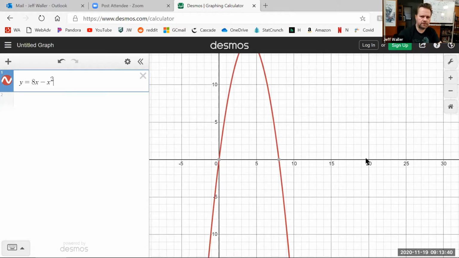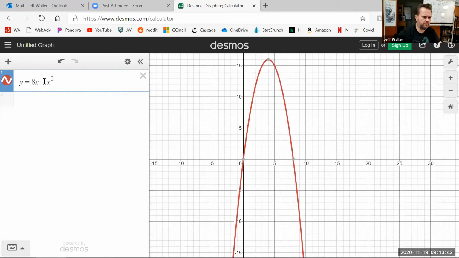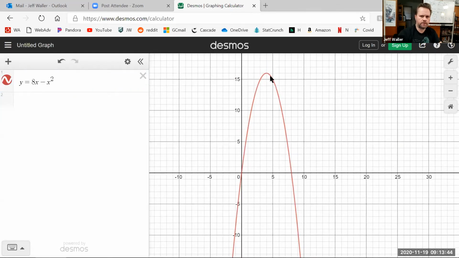And it's opening down just like we predicted, because there's a negative in front of the x squared. There's the vertex. It's at (4, 16).